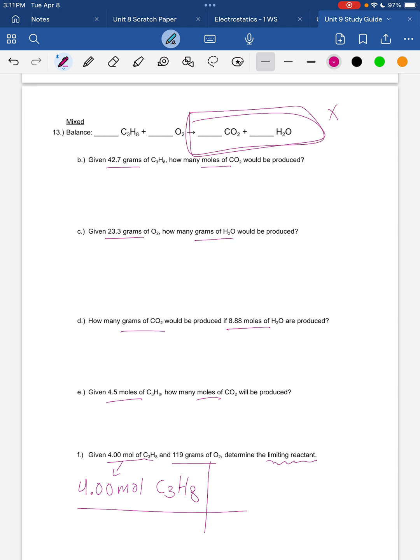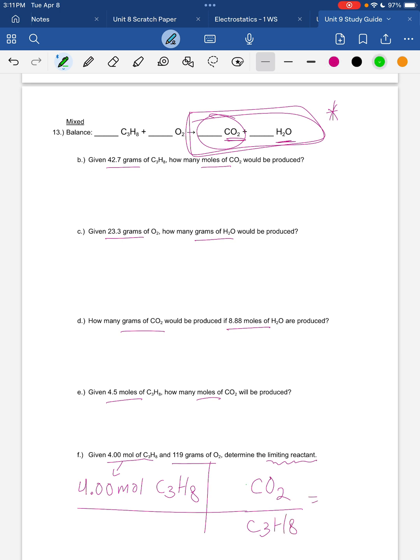Please note, it does not matter which product you choose as long as you're doing the same product for both of your problems. For instance, if I wanted to go into moles of carbon dioxide, I would focus on moles of carbon dioxide and finish out this problem.